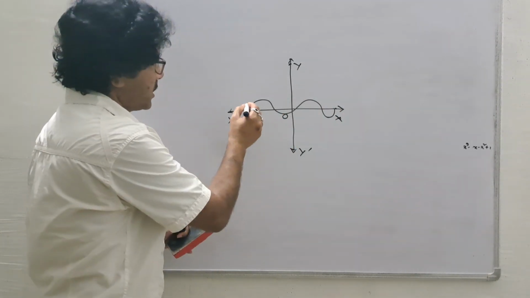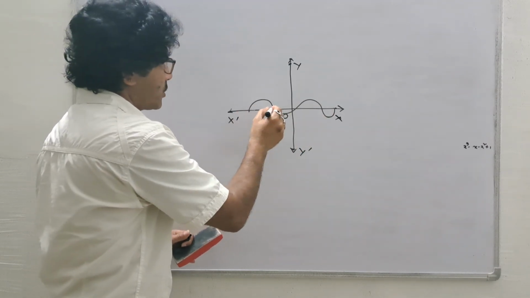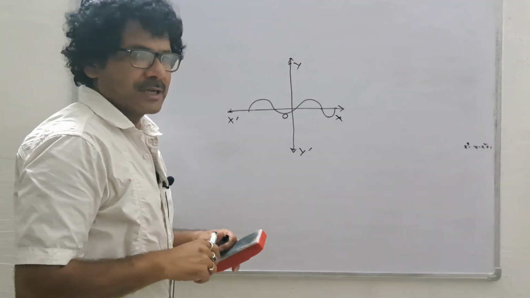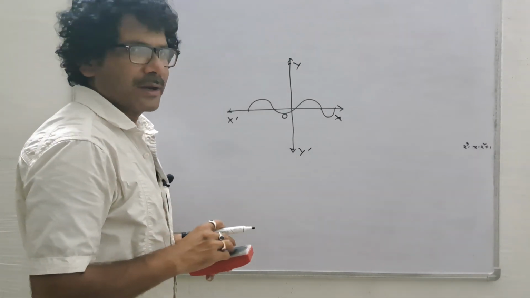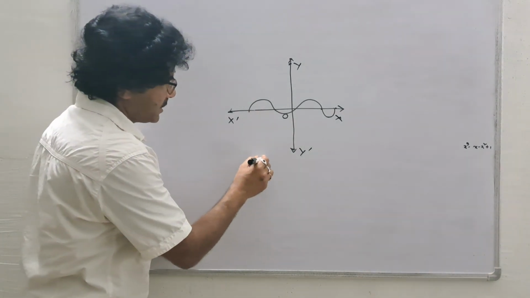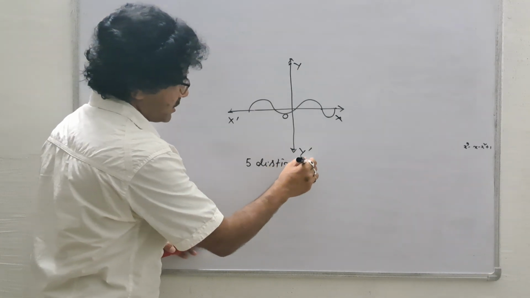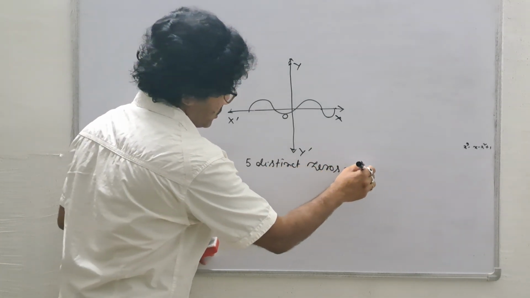So you see the graph of the polynomial intersects the x-axis at 1, 2, 3, 4, 5 points. So how many zeros will the polynomial have? The polynomial will have 5 distinct zeros or roots.